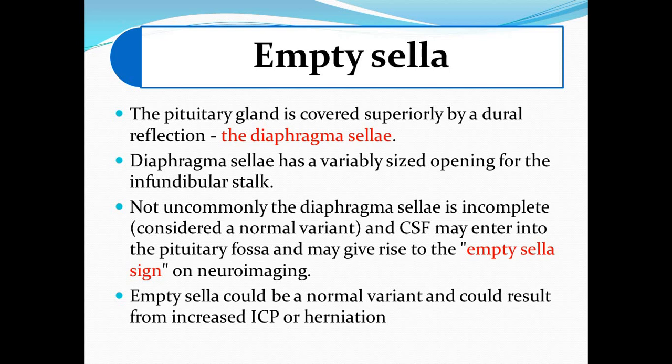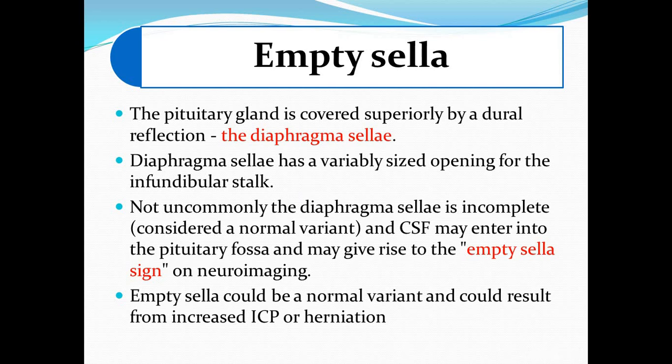Then we talk here about the empty sella. Before we talk about the empty sella, we need to talk about the diaphragma sellae. Diaphragma sellae is a dural reflection above the sella turcica. It separates the sella turcica from the other structures of the brain. But it has a small opening, that is the opening of the infundibular stalk. This is the pituitary stalk.